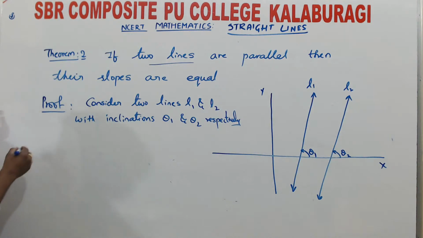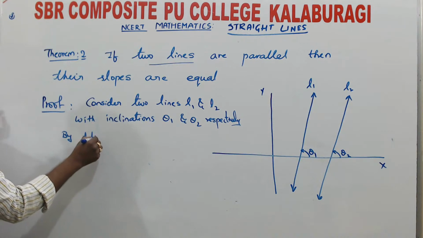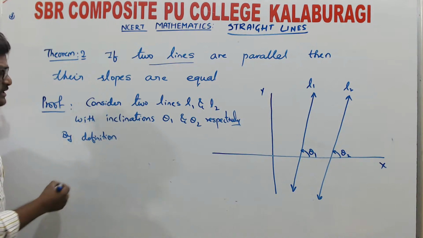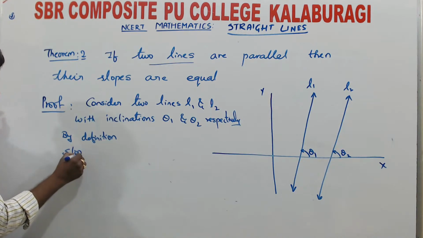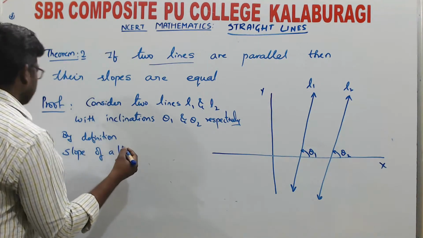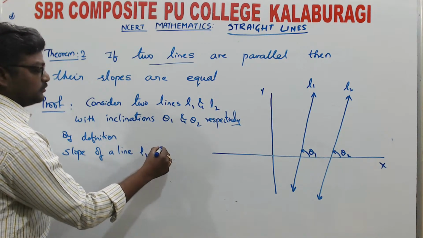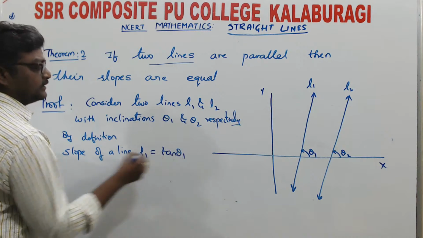Then by the definition, the slope of line L1 equals tan theta 1.